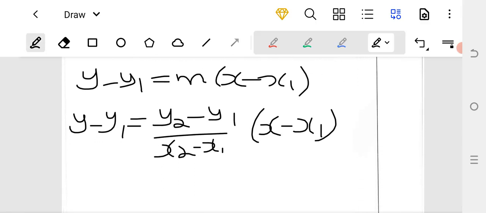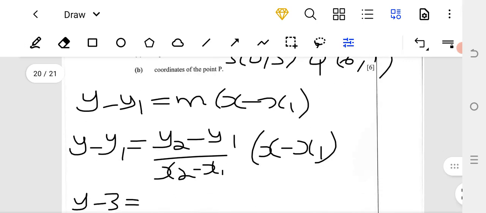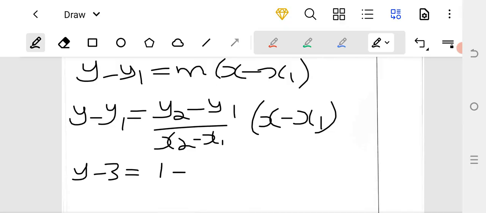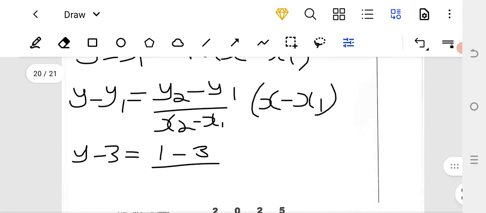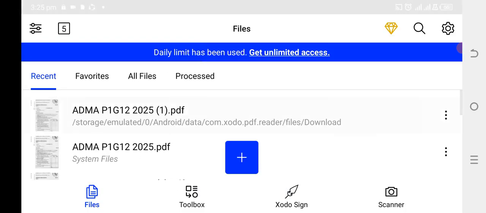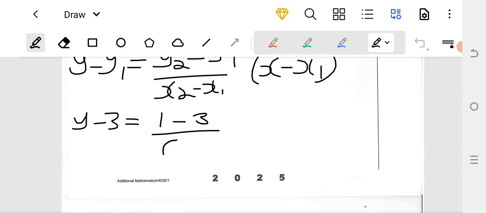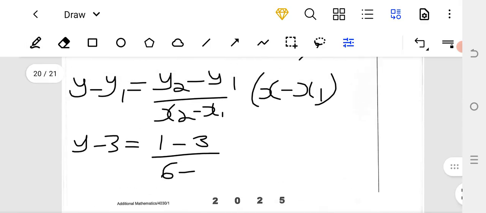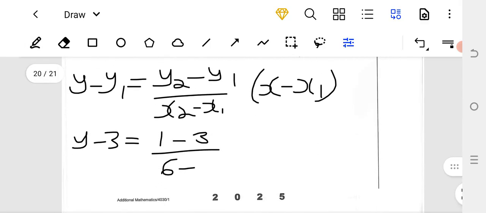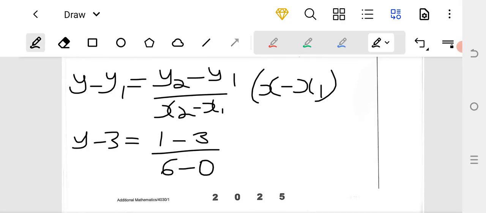So y minus 3 is equal to your y2, which is your 1, minus your y1, which is 3, over your x2, which is 6, minus your x1, which is 0. You multiply by x minus your x1, which is 0.